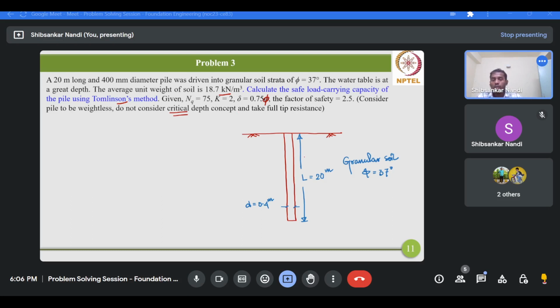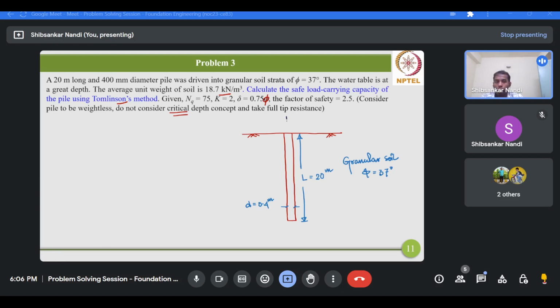So this is the problem geometry. This is the pile of diameter 400 mm or 0.4 meter and length L of 20 meter, in granular soil having friction angle 37. Right now we are calculating the safe load carrying capacity of the pile in compression.